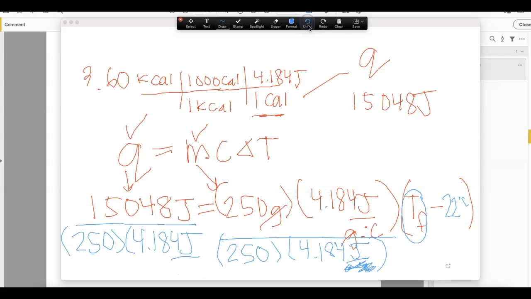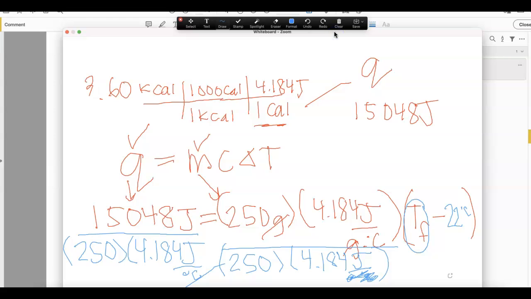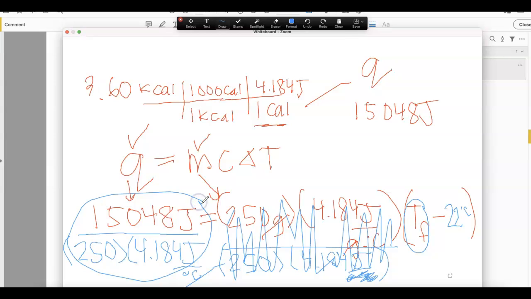So this is gone. And you calculate this out right here, and you should get 14.386 something equals T final minus 22. Easy. Add 22 to both sides. And your T final is 36.4. Let's just do 36 degrees Celsius.